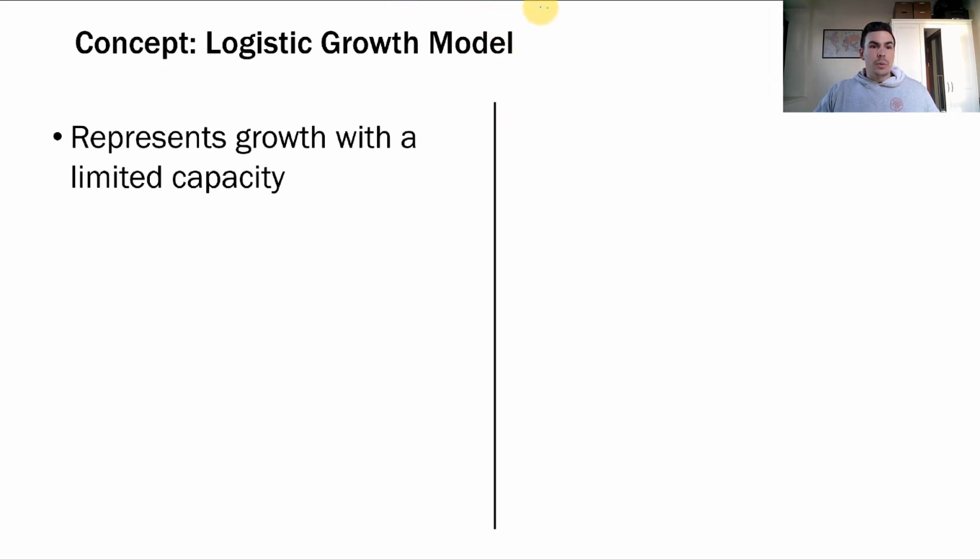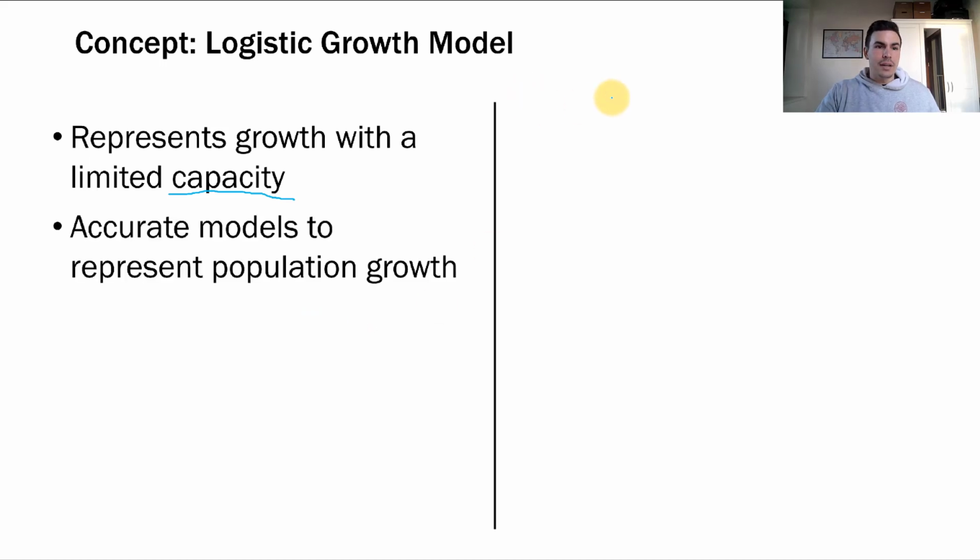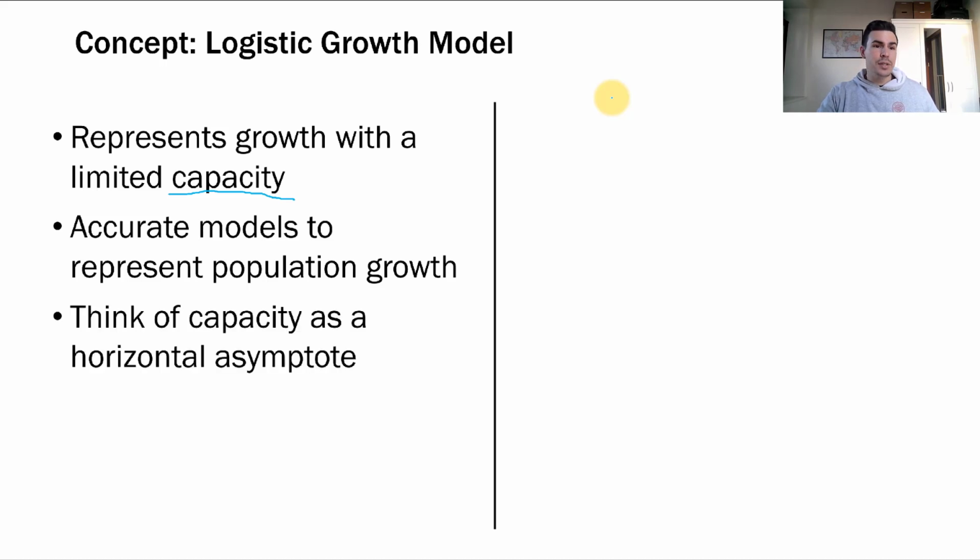So we have this growth, but then we have this limited capacity that is going to limit it. We can't just go shooting off into infinity, and I'll show you a couple graphs there. Again, this is good for modeling population growth, because there's often a capacity on populations. And I want you to think about whatever that capacity is, that's going to be our horizontal asymptote.